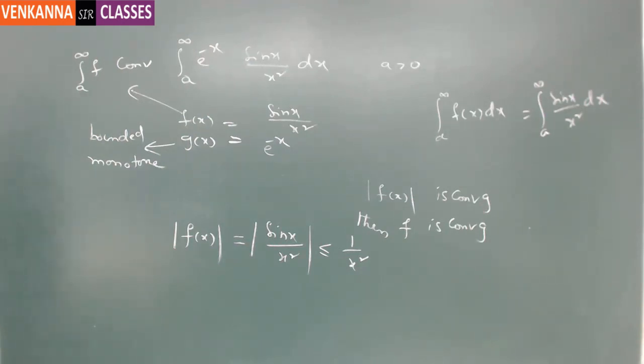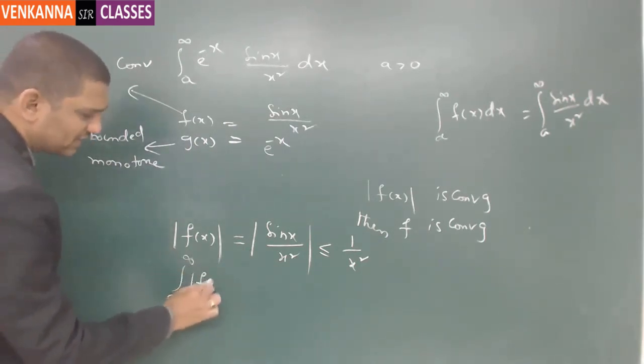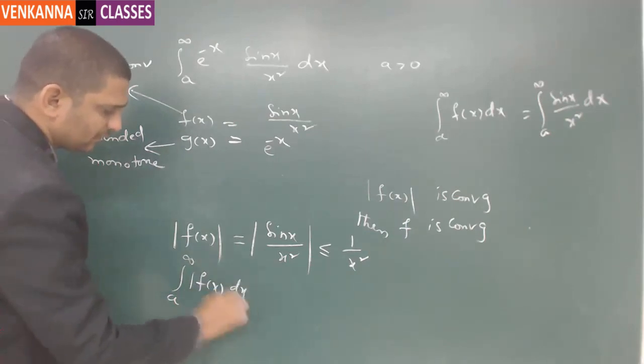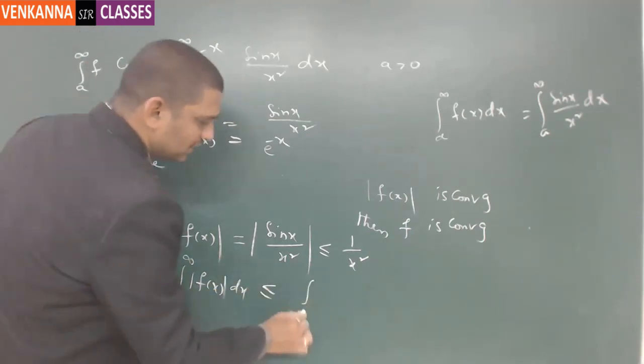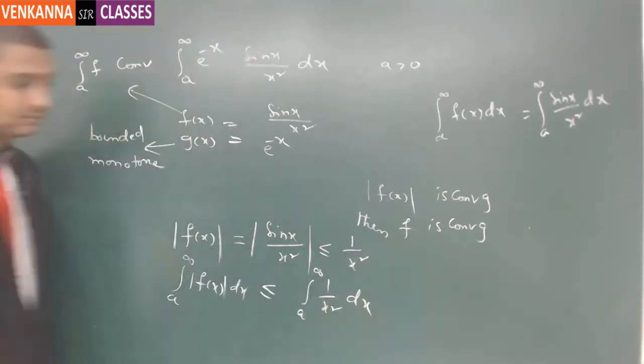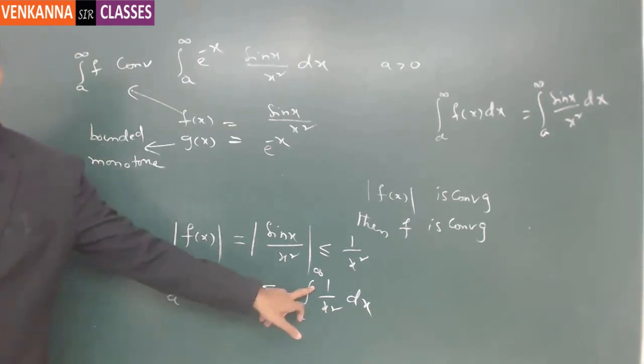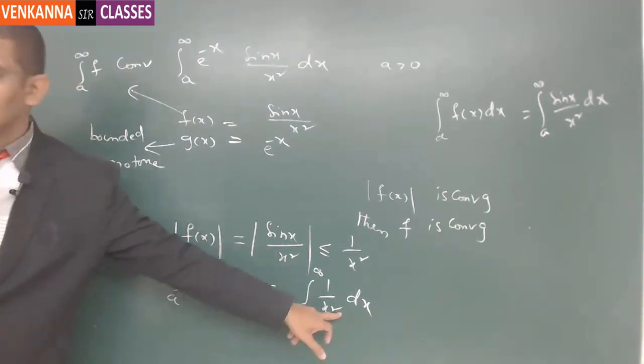So if you take the comparison integrals, integral a to infinity mod f of x dx is less than or equal to integral a to infinity 1 by x square dx. Since the upper integral is convergent because the power is greater than 1.